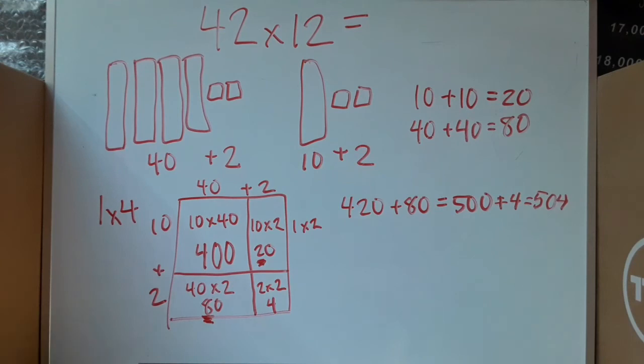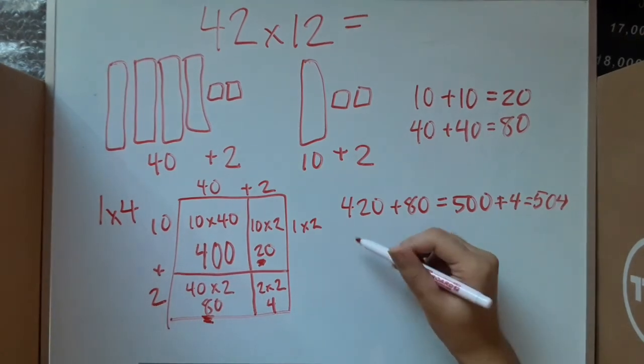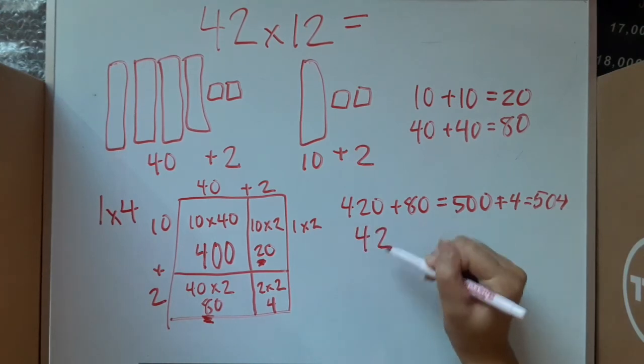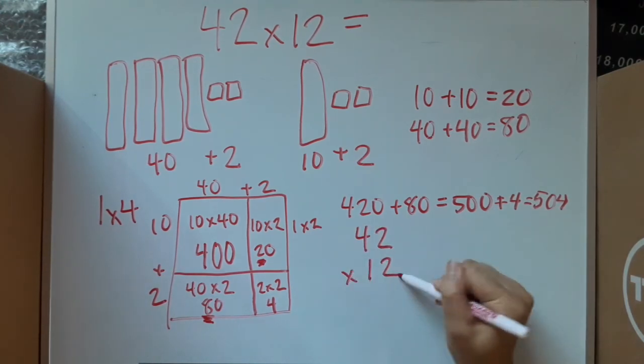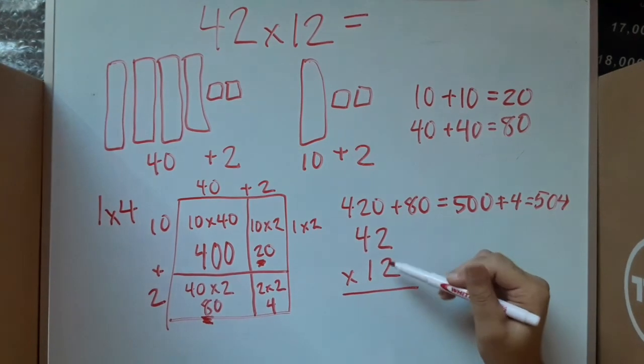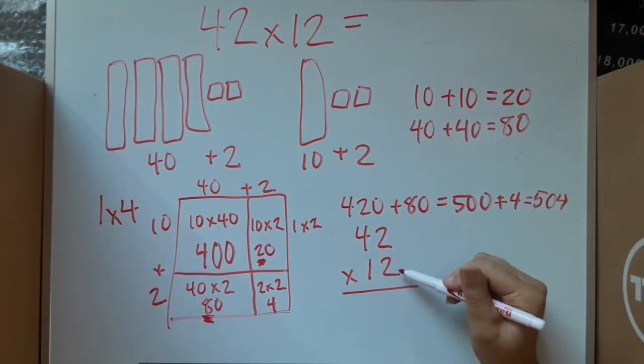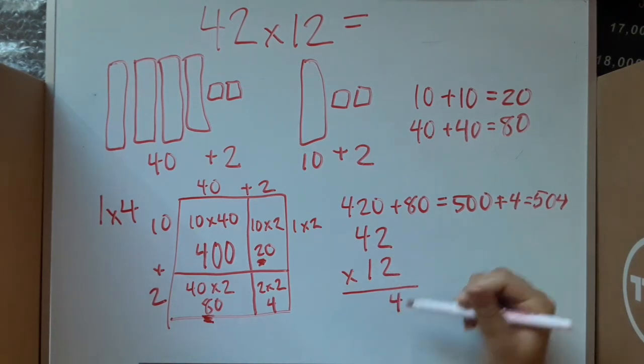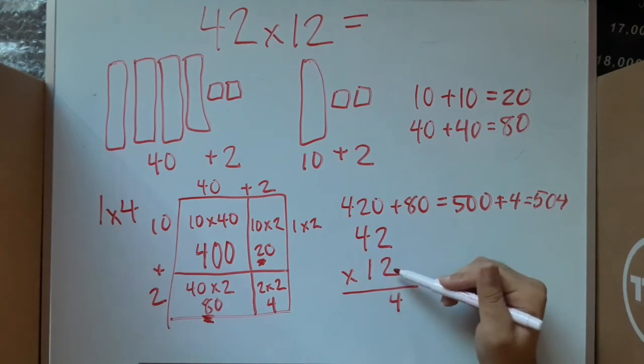However, this still was kind of a lot of work, so we can do it vertically with 42 times 12. Like before, we can start with our 2. 2 times 2 is 4. 4 times 2 is 8.